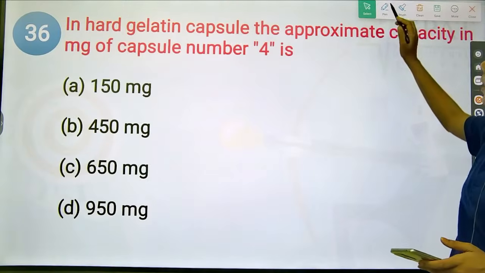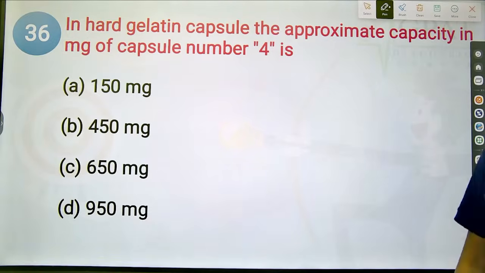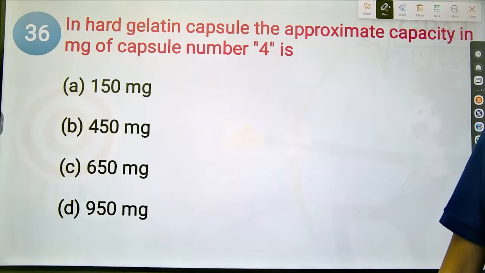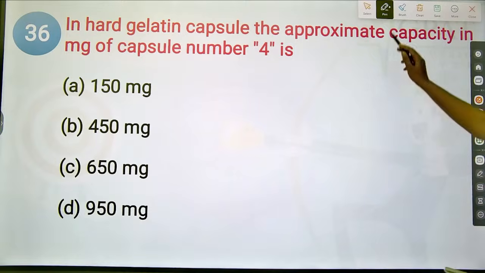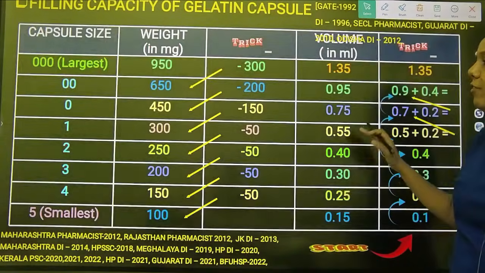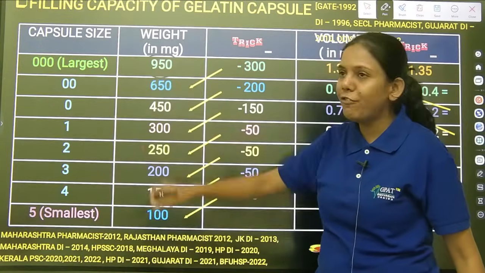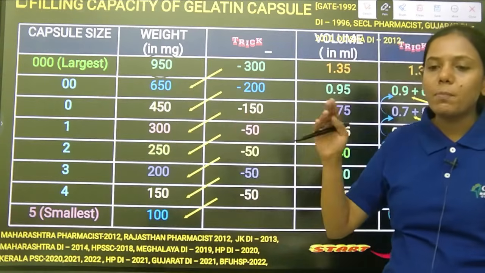Okay. Next is in hard gelatin capsule, the approximate capacity in mg of capsule number 4 is. So again, if you remember that trick that you have to subtract this and that. So capsule 4 where you will subtract 50, so it will be 150 mg. So I'll just tell you again. You just start, largest is 950. Then you have to subtract sequentially.